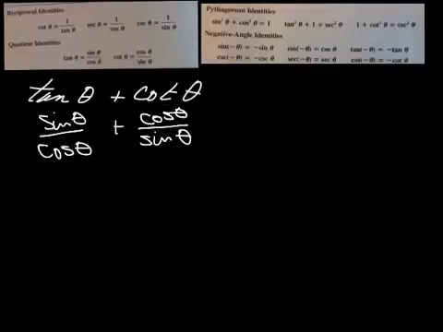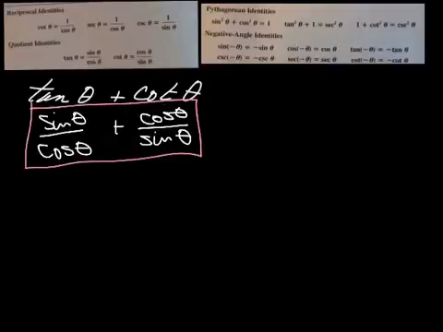Now, we've done what we were asked to do, but the only problem we have is we've got two fractions here, and we need to add those two fractions. And if you remember right, when you add fractions, you have to have common denominators. And the way I teach this, and this is why, I look at this denominator, and I look at this one, and it's like, okay, what do I have over here that I'm missing here?